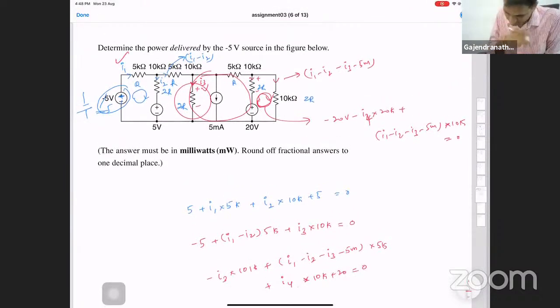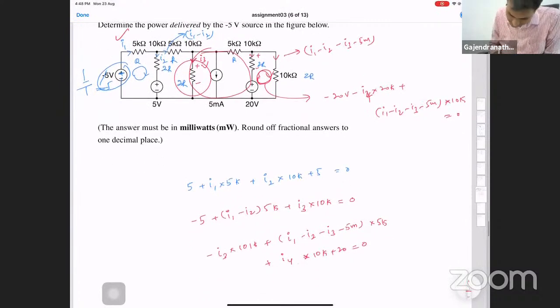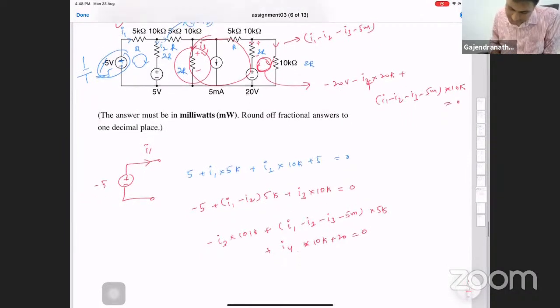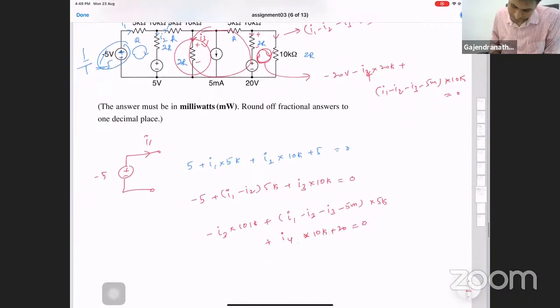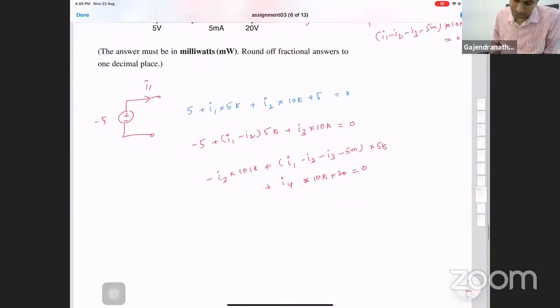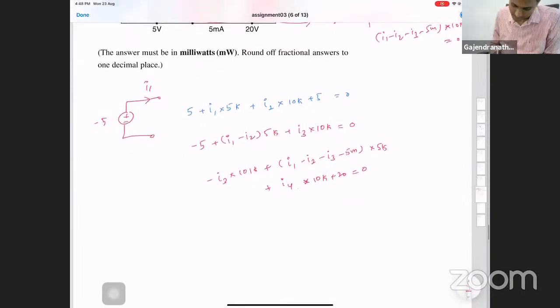Once you know the I1, now the source is given like this, plus minus I1, and this is minus 5 volts. So now basically, if the element is giving the power, then from the plus, it has to give a current. It's delivering the power.